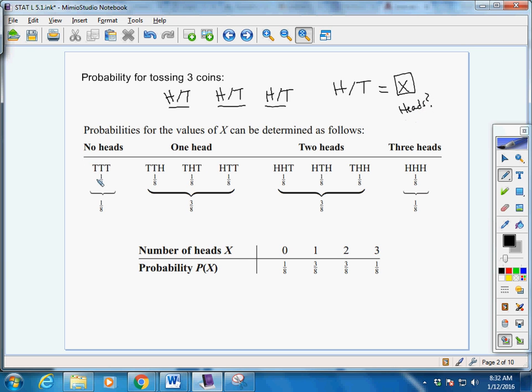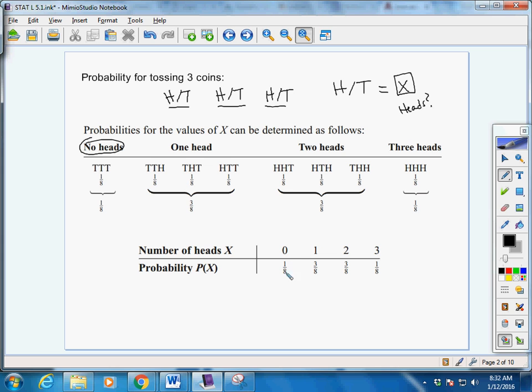So here's what we have. If there are no heads, tails, tails, tails, our probability is 1/8, because there's one chance that it's going to come up all tails. There are 8 total outcomes because we can have all tails, all heads, and a combination of the two. So what's the probability of having 0 heads?